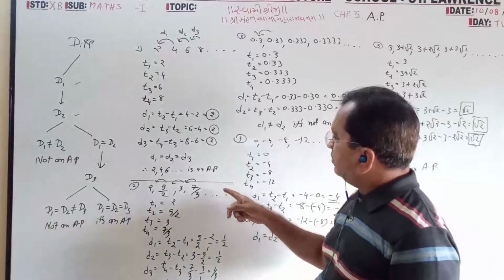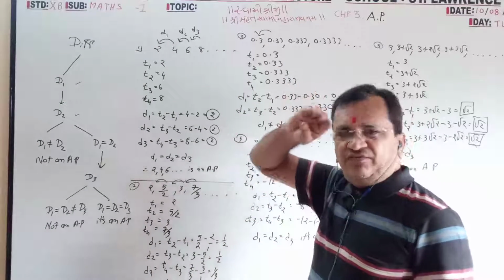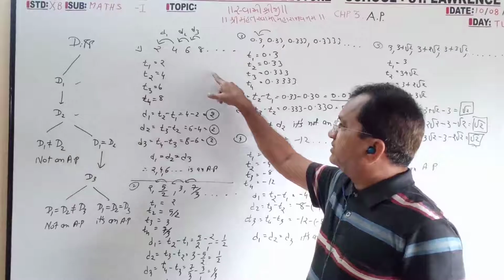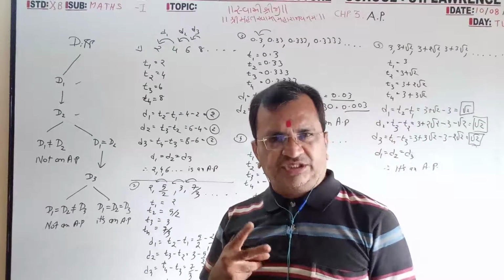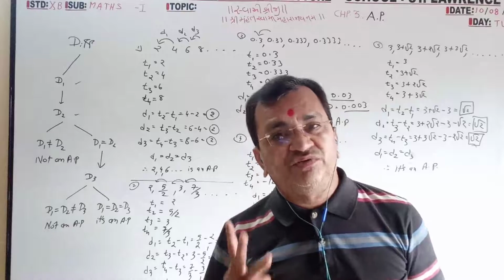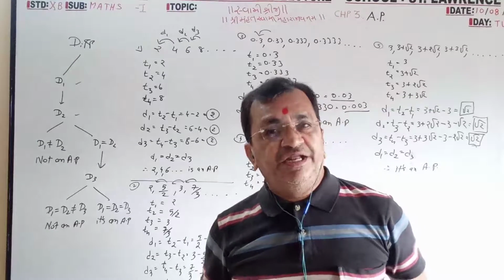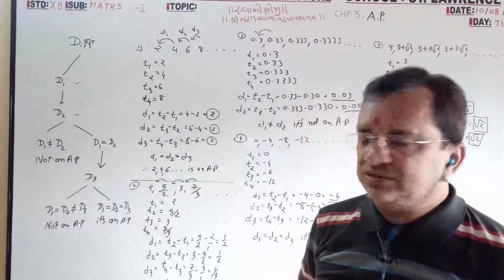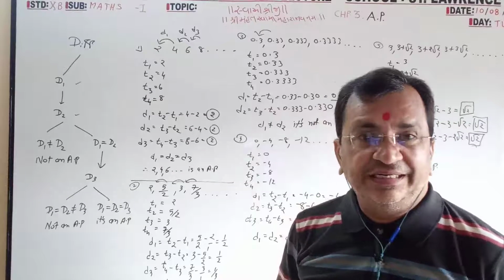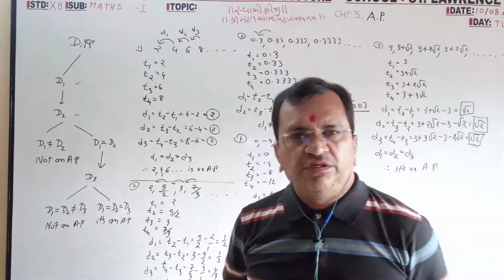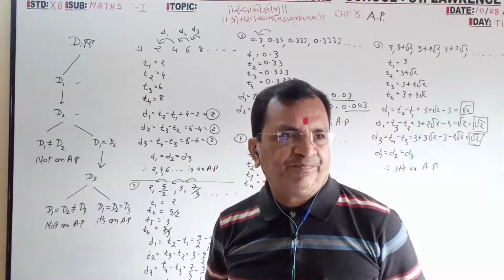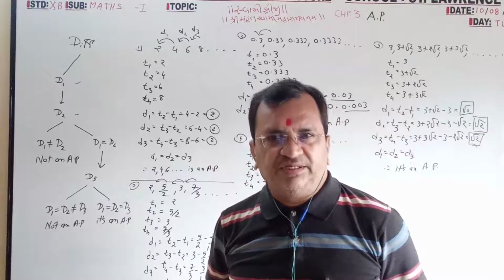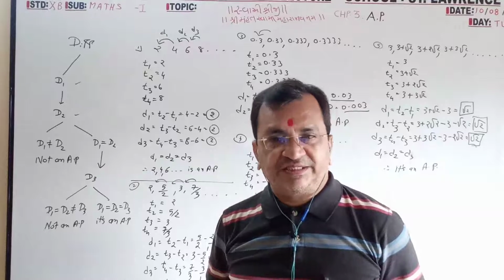Follow? So step number 1, write 4 terms. Step number 2, write term 1, term 2, term 3, term 4. Third step, find out the 3 differences. D1 is T2 minus T1, D2 is T3 minus T2, D3 is T4 minus T3, next minus previous, like that.